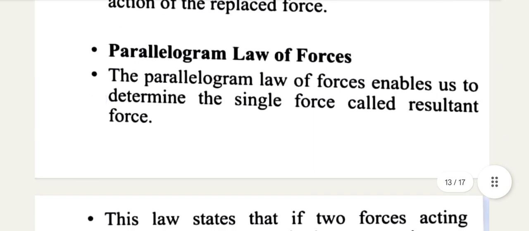Next one is parallelogram law of forces. The parallelogram law of forces enables us to determine the single force called resultant force.